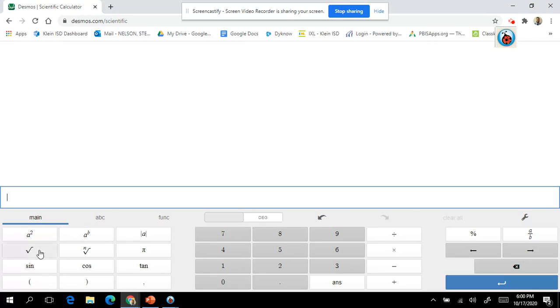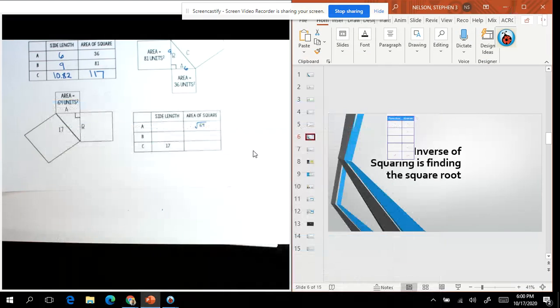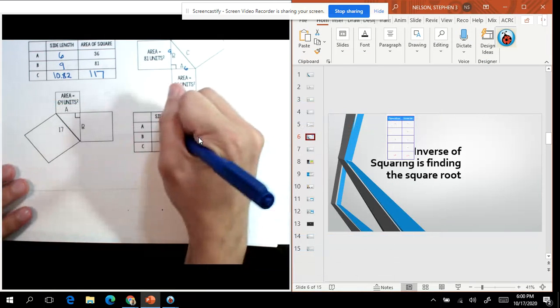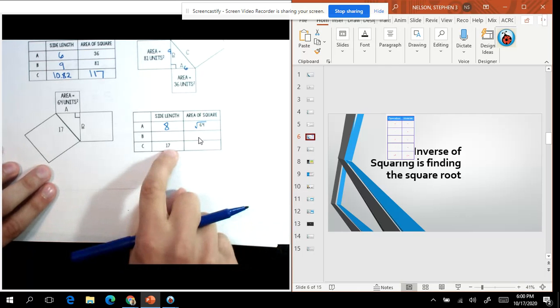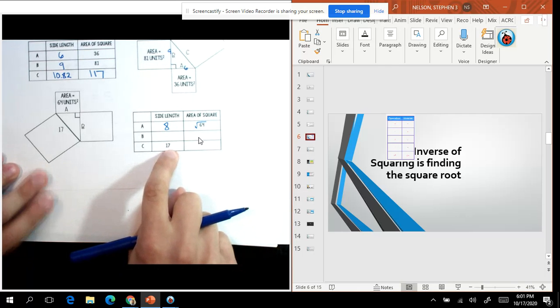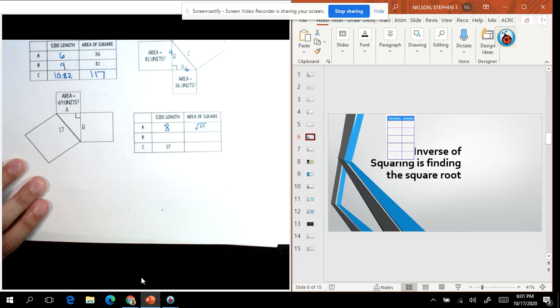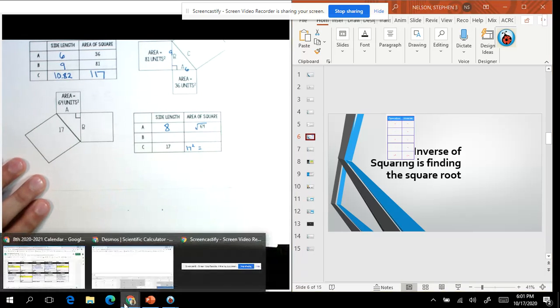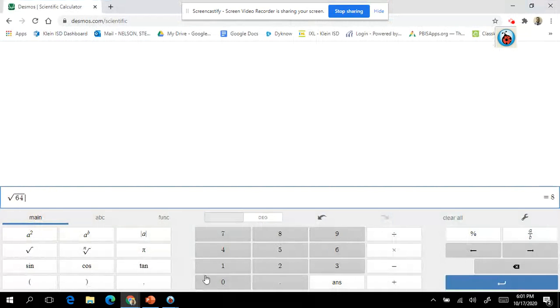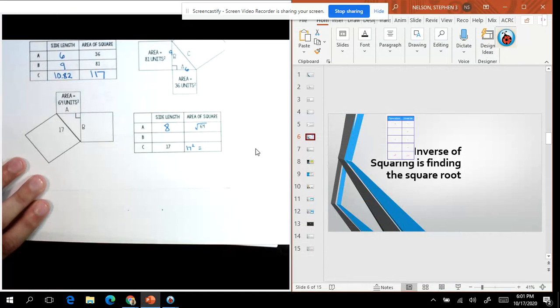We type in root 64 and we get 8. So this side length is going to be 8. We have 17, so now we're just going to square that, the opposite. So 17 squared is equal to, pull out Desmos, 17 squared, which is 289. Okay, so 289.